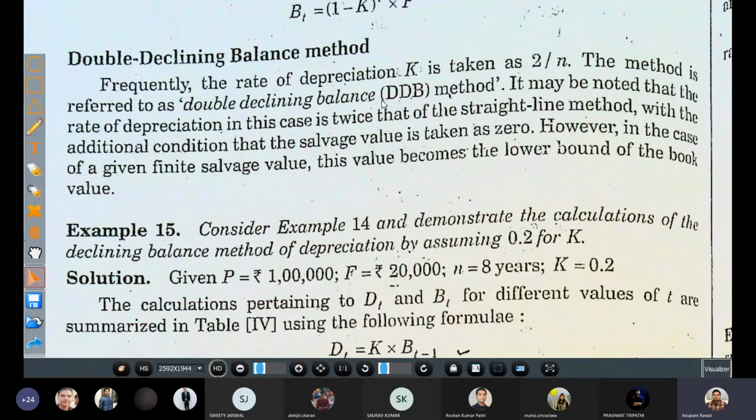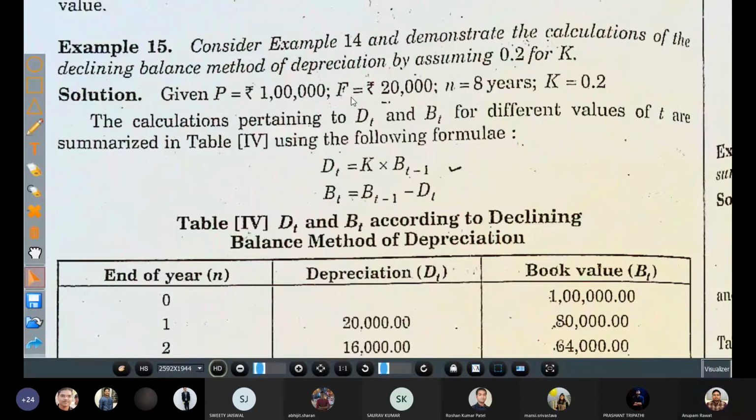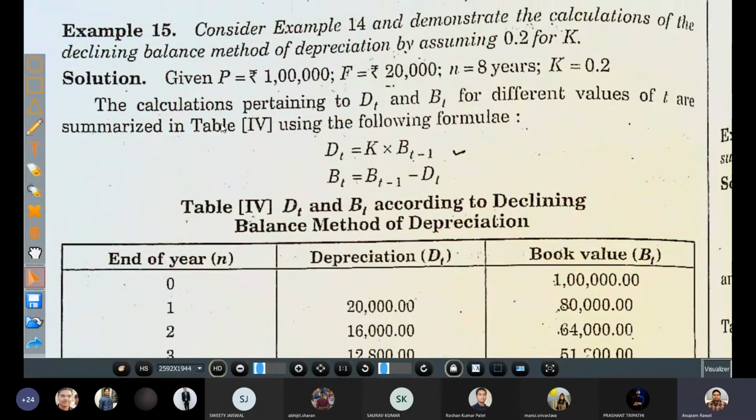Now let us see this with the help of an example. Considering example number 14, in the previous example a company has to purchase an equipment whose initial cost P is 1 lakh rupees, and the estimated salvage value is 20,000.